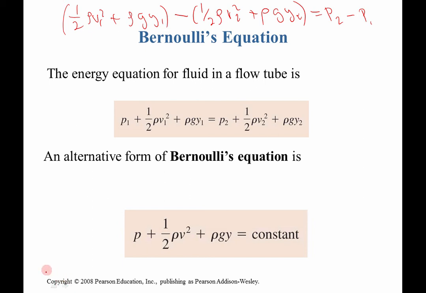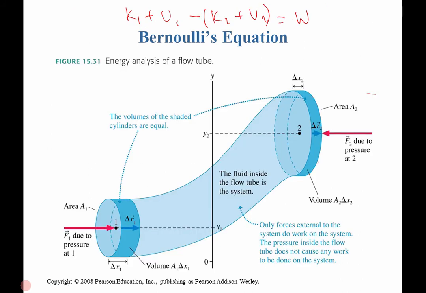So let's look back at this picture here. The work done here is the force F1 times delta x1, and the work done here is the force F2 due to the pressure times delta x2. What is this force F1? Well, F1 is equal to P1, the pressure here, times A1, and the work is that force times delta x1.